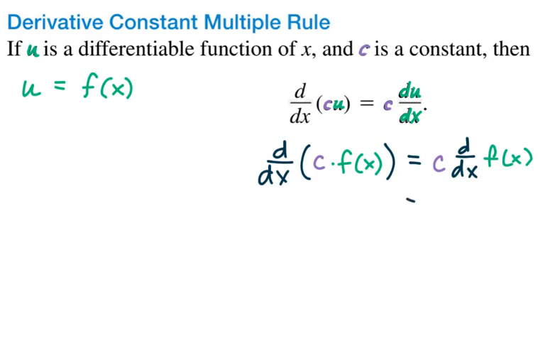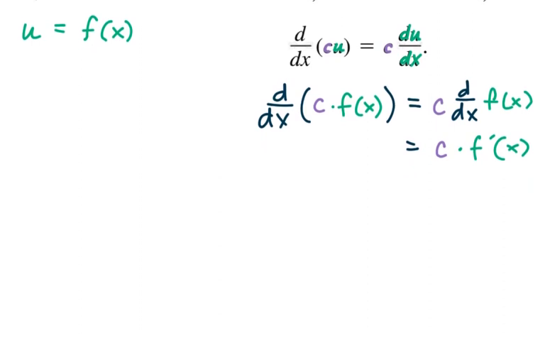So this would be that constant times f prime of x, right? So if you have a constant multiple, leave it there and just take the derivative of the variable portion behind it. So let's look at a couple other examples here.